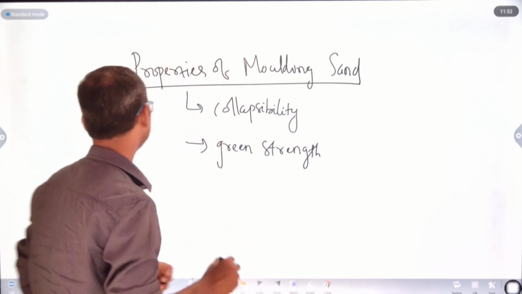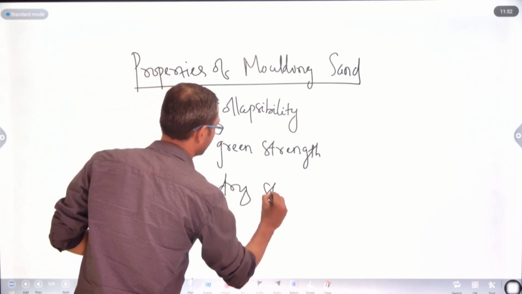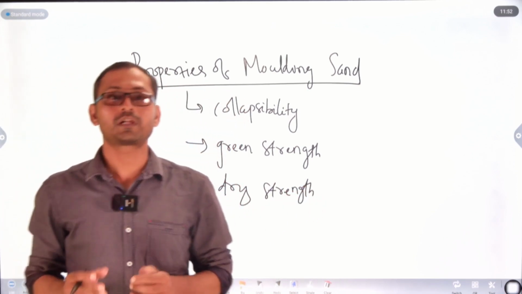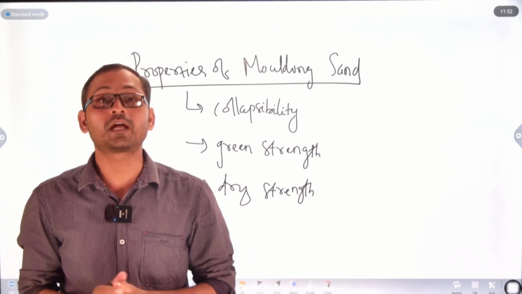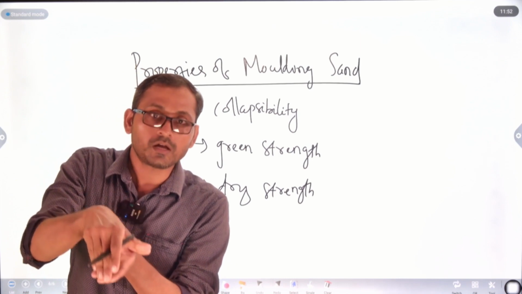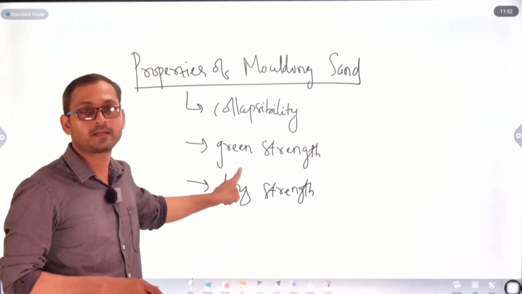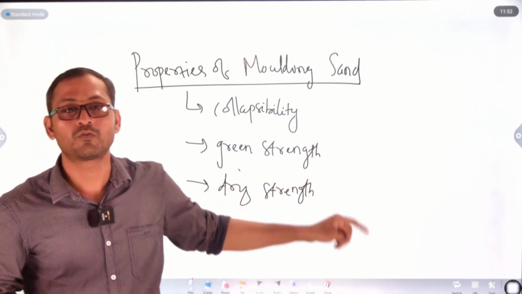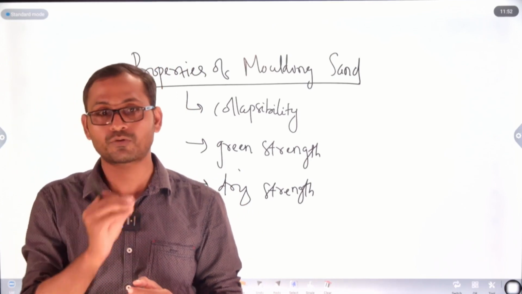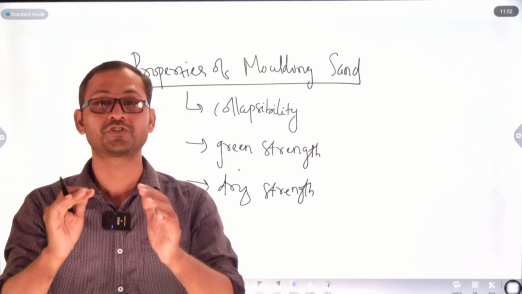Now comes the dry strength. So what is dry strength? This situation is created when you pour a molten metal with high temperature into the green sand. I repeat, what is green sand? If the sand bed has moisture, because we add water to it, so definitely it has moisture. Initially the sand bed is called green sand.